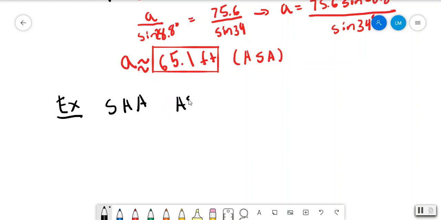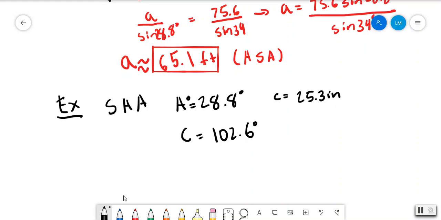You have that angle A is equal to 28.8 degrees, and then you also have that C is equal to 102.6 degrees. Furthermore, you have that side C is equal to 25.3 inches.